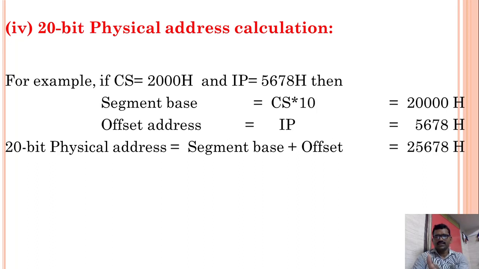That is, CS has 2000, and after adding 0 to this number, it becomes 20000. Now the offset address is added to this address. So we get 25678.